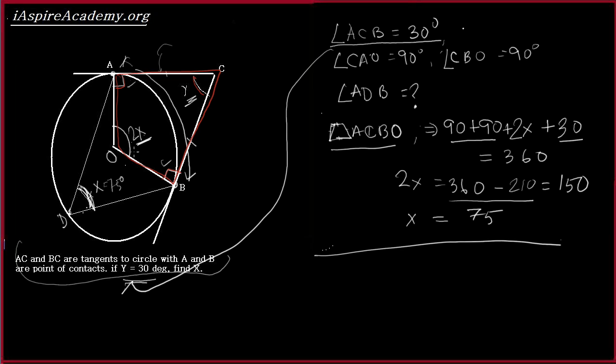So let's just go over quickly what we have done. Here is a problem involving tangents and a quadrilateral. We applied the property that tangents make 90 degrees at the point of contact, and also the property of a quadrilateral: the total of all 4 angles is 360 degrees.